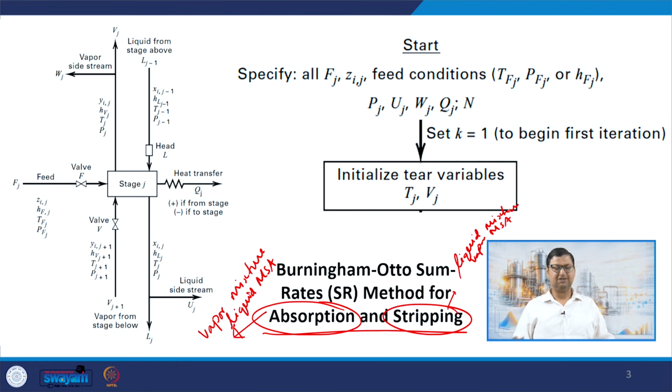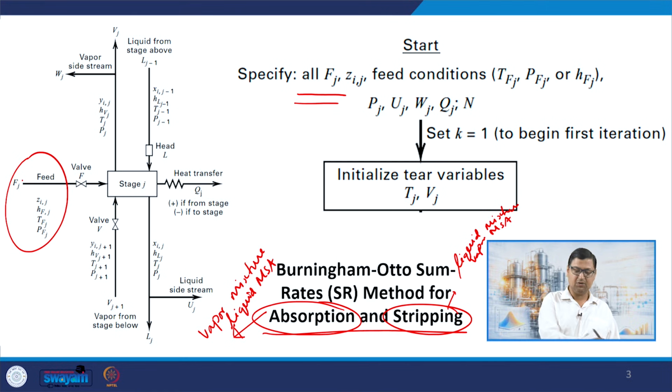So this particular method is better suited for absorption and stripping problems. What we are going to do here is, in the very beginning, we specify all the feed rates going to every stage and the composition of the feed coming to every stage. Also the feed condition, the temperature, the pressure and the enthalpies.